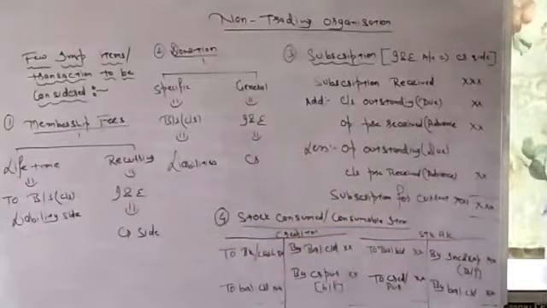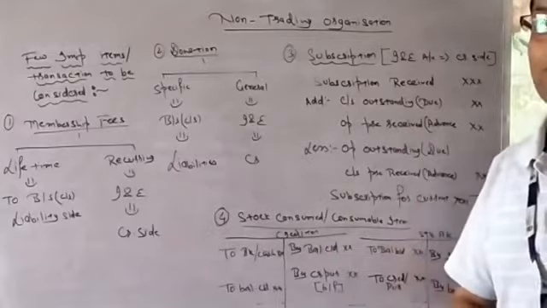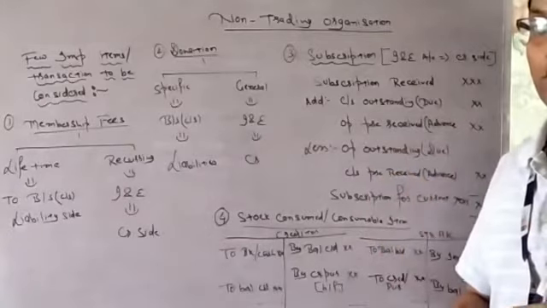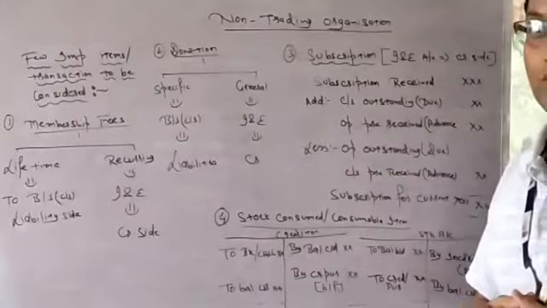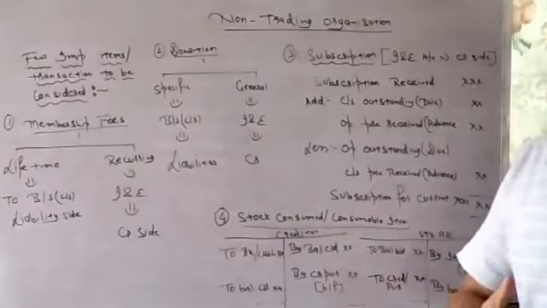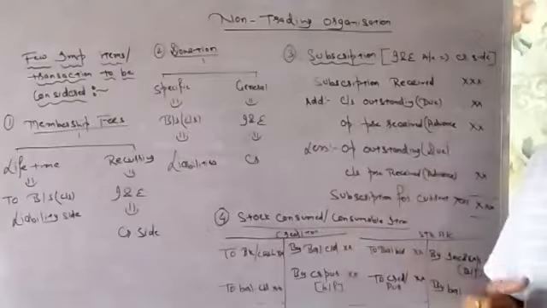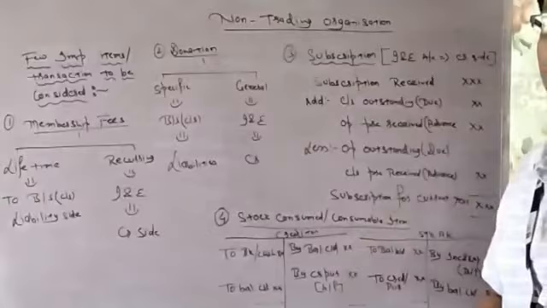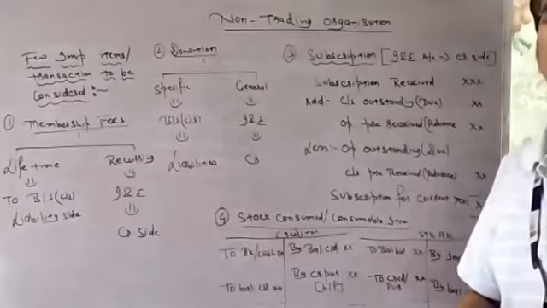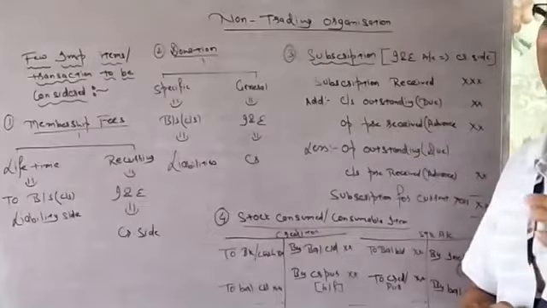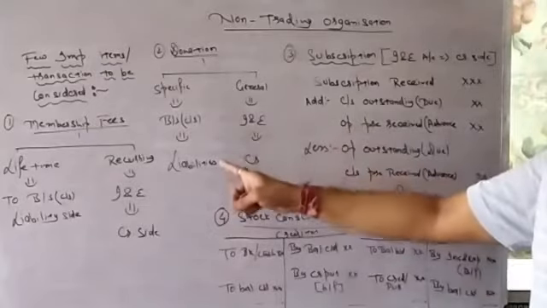Now, the second item is donation. If it is a specific donation, that means the person has given us a donation and told us the purpose, suppose to purchase computers, to prepare a library, or to build a building, so the nature of use of that donation is explained, then it will be on the liability side of the balance sheet.